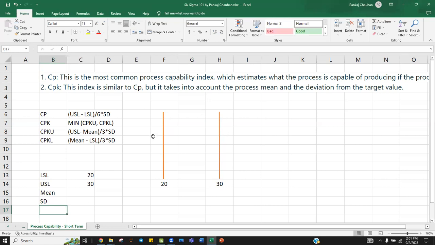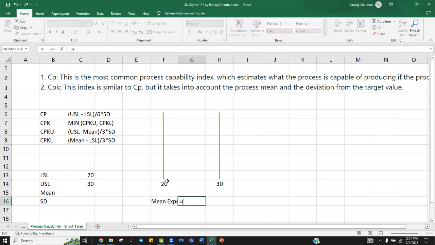So what we are trying to check: suppose your specifications are 20 and 30. The mean expected, if the process should be centered, is the sum of both values, 20 plus 30, divided by 2.